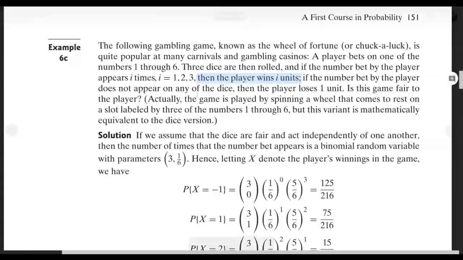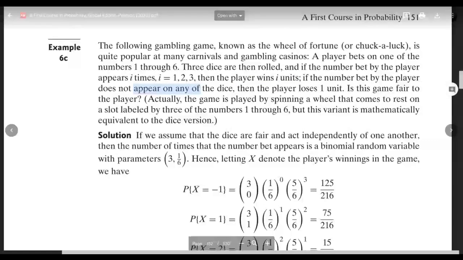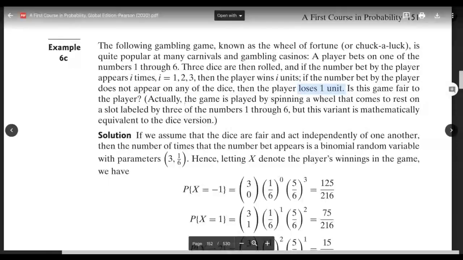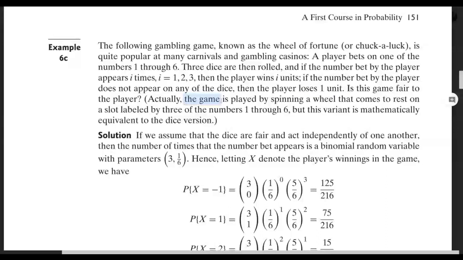If the number bet by the player does not appear on any of the dice, then the player loses 1 unit. Is this game fair to the player? Actually, the game is played by spinning a wheel that comes to rest on a slot labeled by 3 of the numbers 1 through 6. But this variant is mathematically equivalent to the dice version.